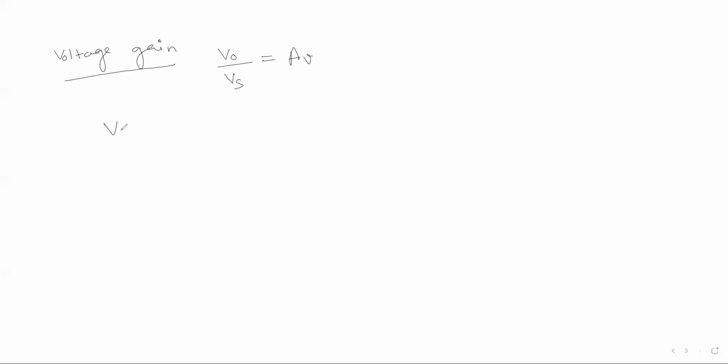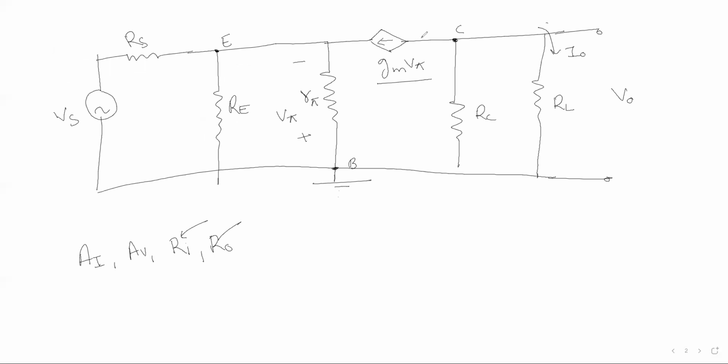First, we need to calculate V naught and Vs. So through the diagram, you can see that V naught is equal to minus gm V pi multiplied with RC parallel with RL. Okay. From here, you can see this current is flowing through the combination of RC and RL. That is why the voltage across these two resistances is your output voltage.